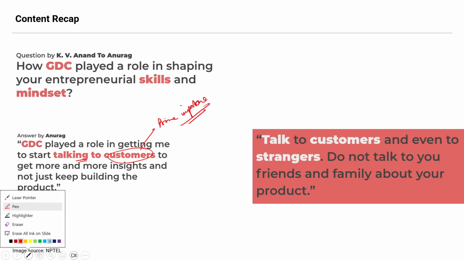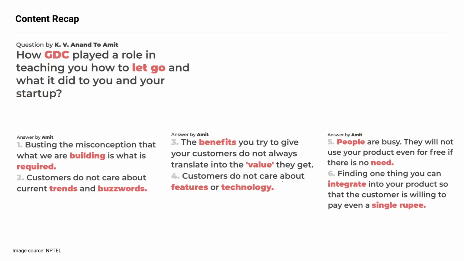They wanted all their incubatees to go and reach out to the customers, talk to them, and then understand. Talk to customers, even to strangers, and do not talk to your family and friends. Now, when this question was asked to Amit, he said that busting the misconception that what we are building is what is required is something they understood while being at GDC.